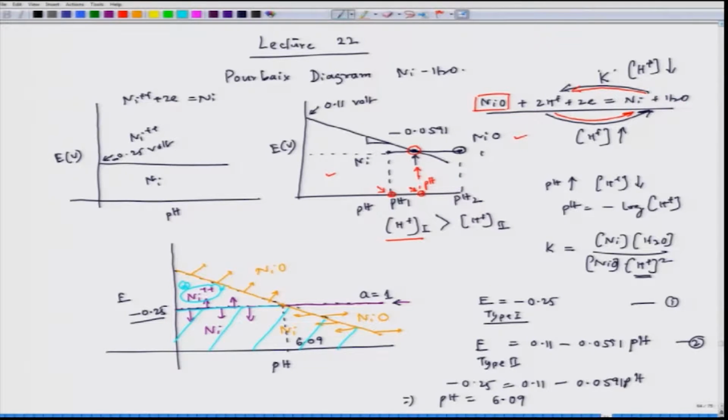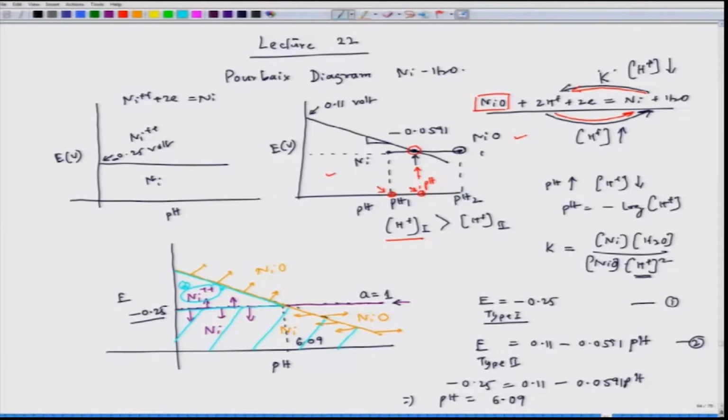So, this particular line, we cannot definitely say that it should exist completely, because we do not know the relation between Ni plus plus and NiO. For that reason, we have to go for the type 3 reaction.